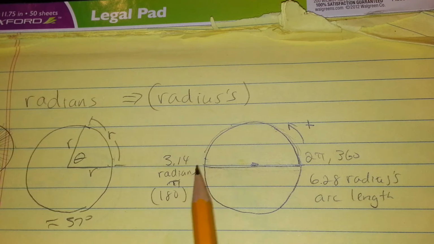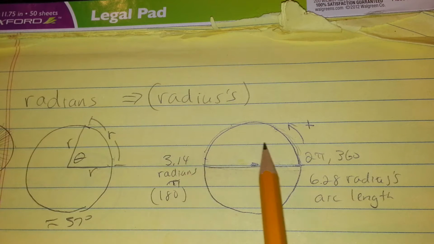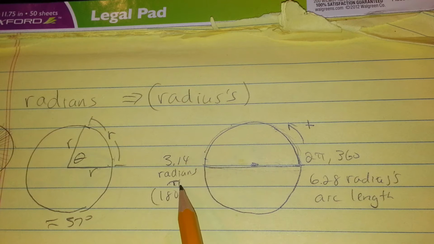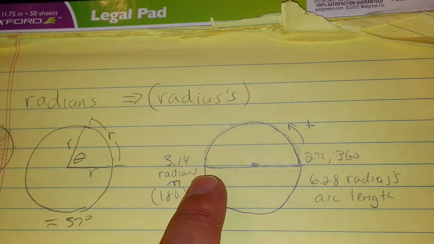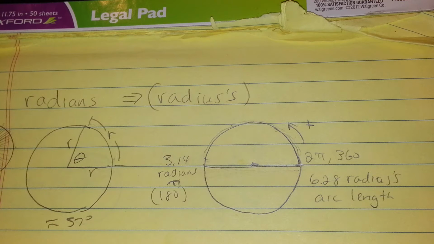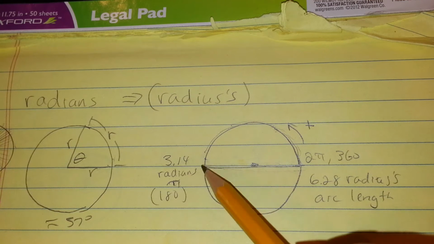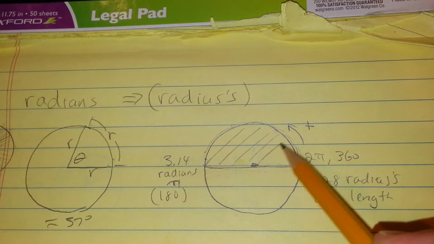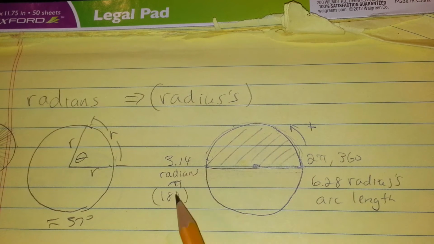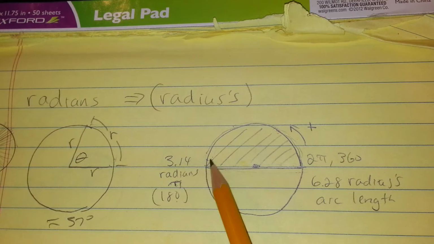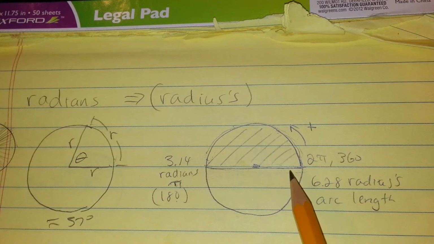Pi represents that number, 3.14, and it goes on to infinity. We use pi because it exactly means 180 degrees. Remember, 1 whole unit of pi is 180 degrees, and it's half of a full circle, okay?